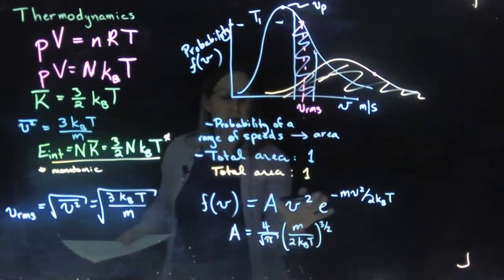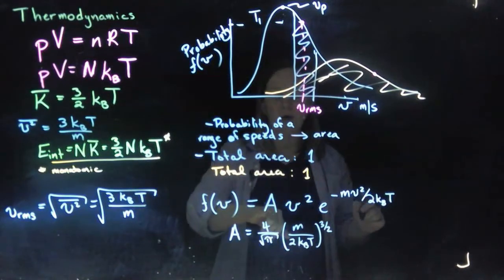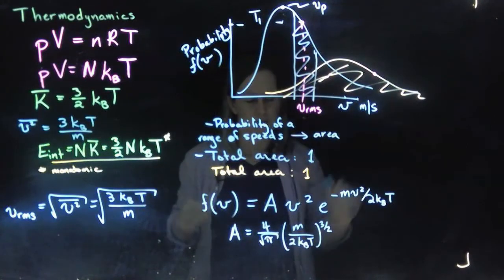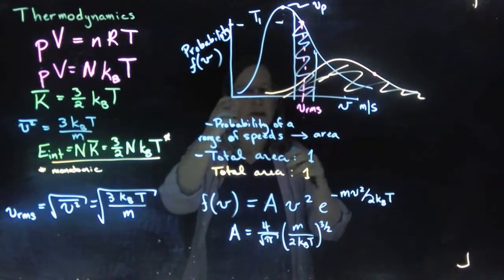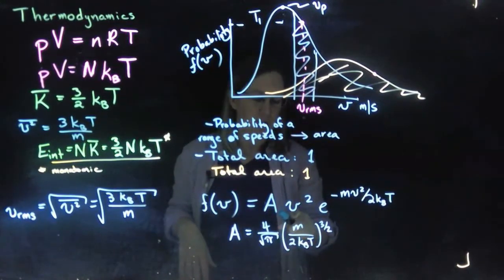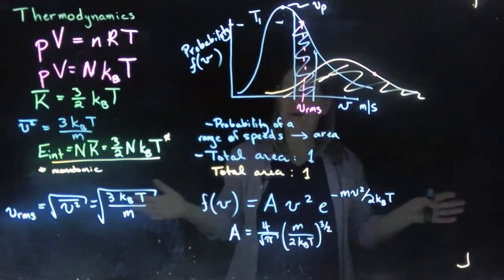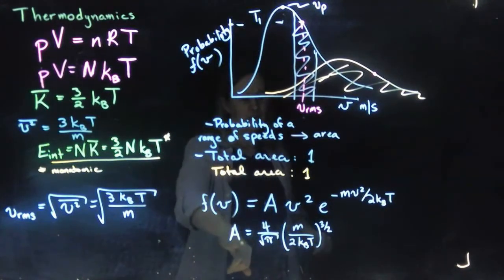Now, I'm not going to expect you to know this or do much with it. The point is this A you pick up by just saying that the area under this curve has to be 1. So mathematically, you take the integral of this from 0 to basically infinity, v being infinity, dv. So that tells you what A has to be equal to. So you do that integral and everything works out. And that's how you get this value.